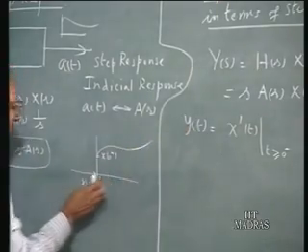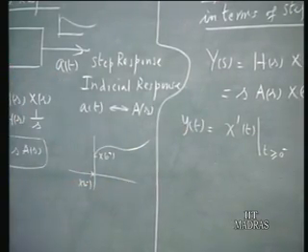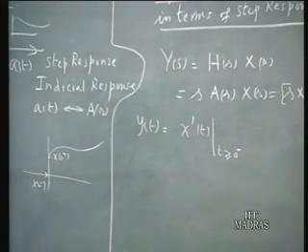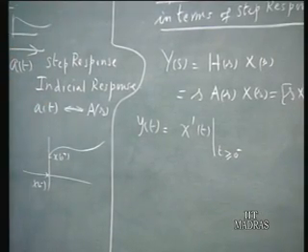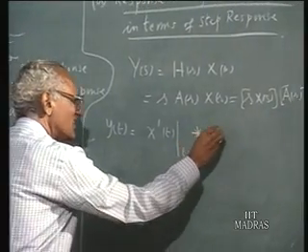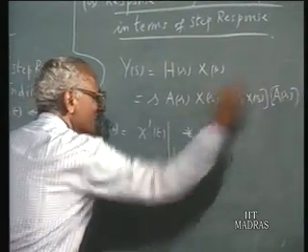When you are taking the derivative, you must take this transition also into account. And that is the meaning of this. X prime(t) considered from t equals 0 minus onwards, convolved with a(t), which is the inverse Laplace transform of that.